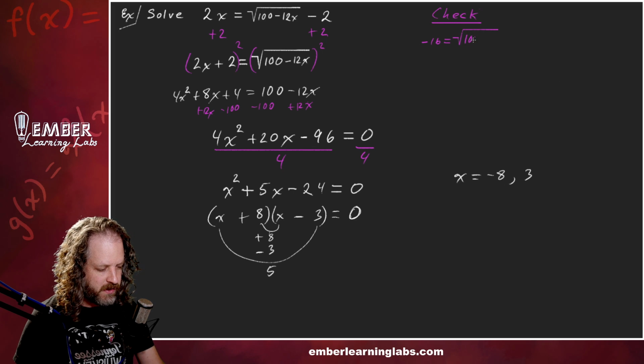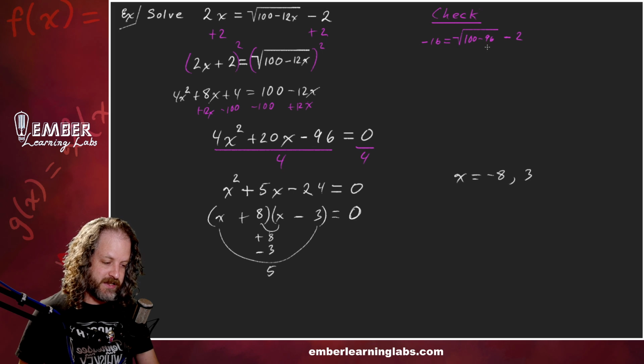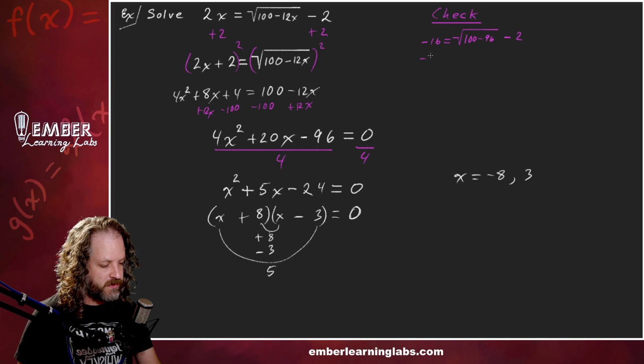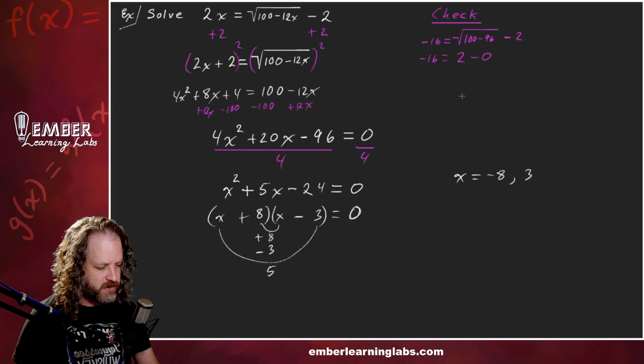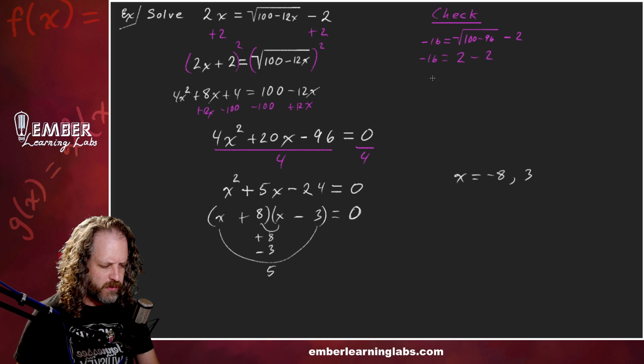So 100 minus 96 minus 2. 100 minus 96 is 4. Square root of 4 is 2. So negative 16 equals 2. Then minus 2 equals 0. So negative 16 equals 0.